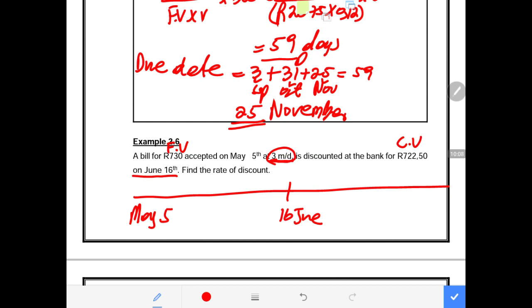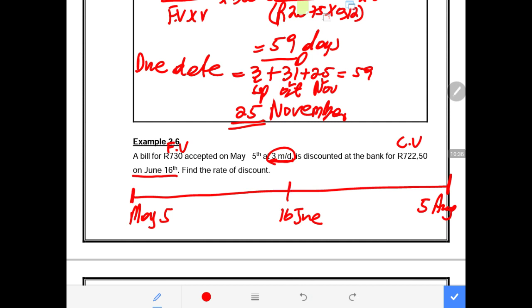That means we have 5 of June, 5 of July, and 5 of August. So the 5th of August was the due date of this bill. It was accepted 5 of May, then we say June, July, August. On the same date, 3 months down the line, becomes the due date of the bill. So it was due on the 5th of August.